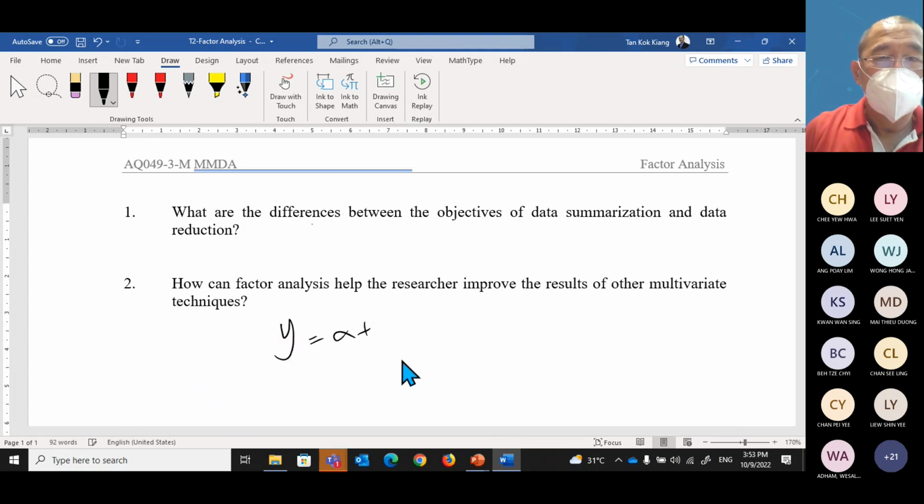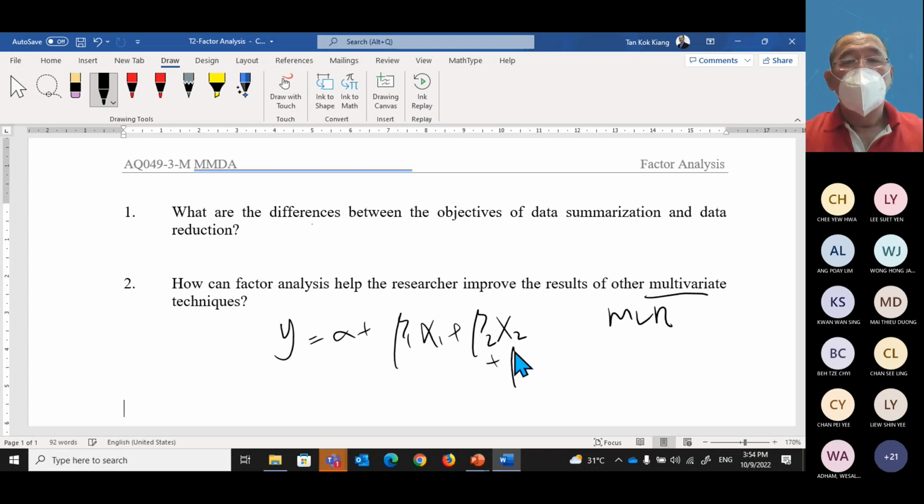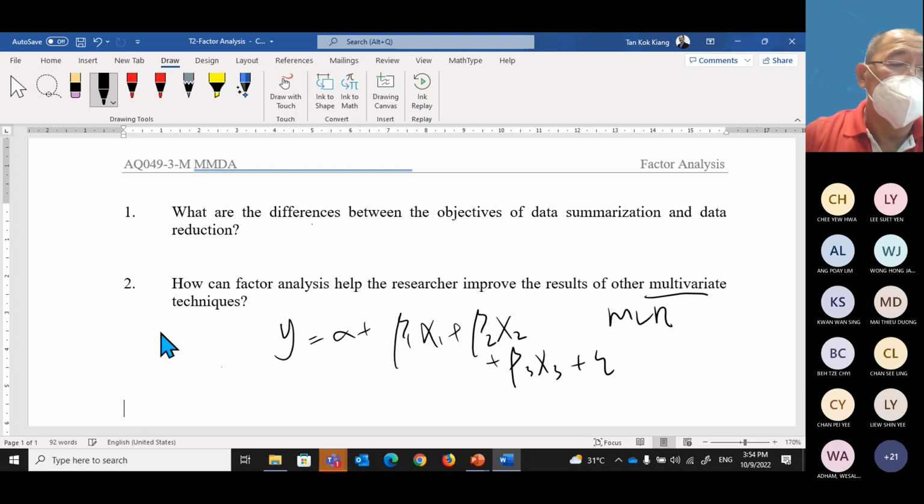You can give an example. The other multivariate technique refers to multiple linear regression. Let's say your data have 30 independent variables.